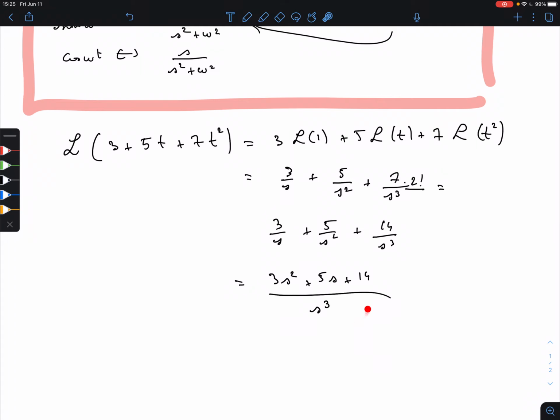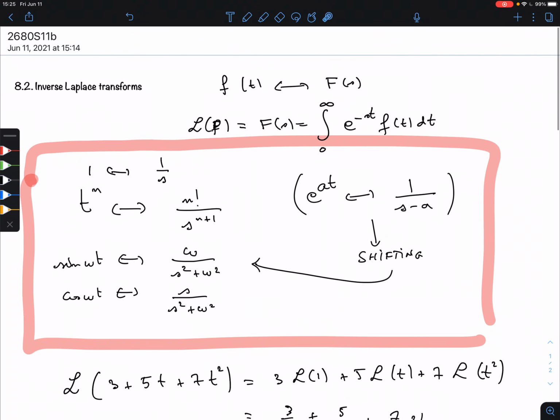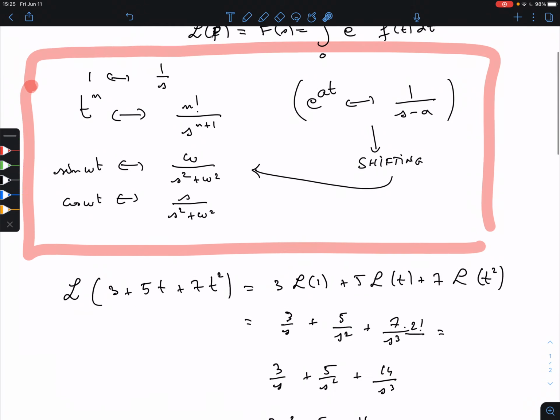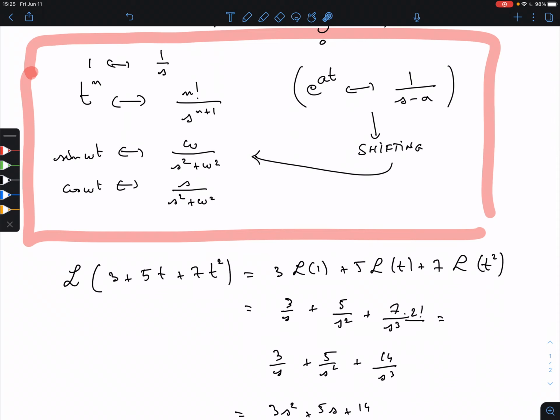Now in this form, it doesn't appear in the tables. But we realize that if we divide everything by s and write it this way, we now recognize from our tables a 1 over s, a 1 over s squared, and 1 over s cubed. They are in the tables. This formula contains all the 1 over s to a certain power, and we have just these coefficients.